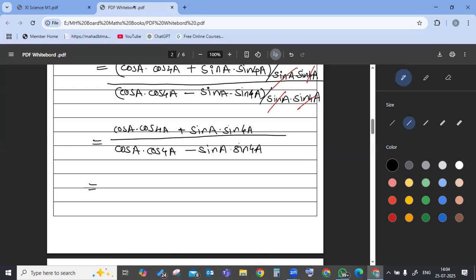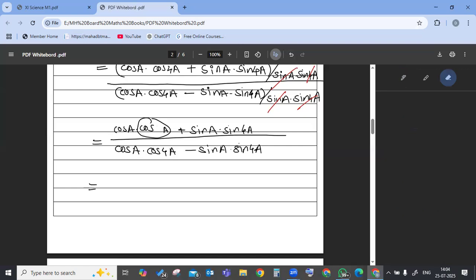Now let's write this like this first, cos 4A. Let me write it here only. In place of cos A, let me write cos 4A, just by shuffling.